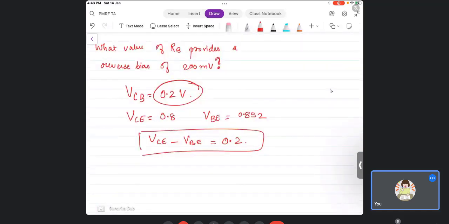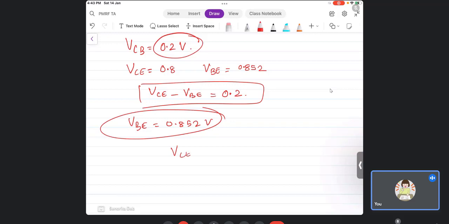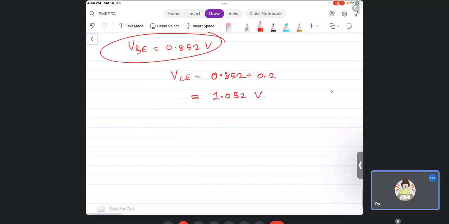Earlier you found VB to be 0.852. Use the same value. What will you get as VCE? VCE will be 0.852 plus 0.2, that is 1.052 volts. Now VC is nothing but VCC minus IC RC.